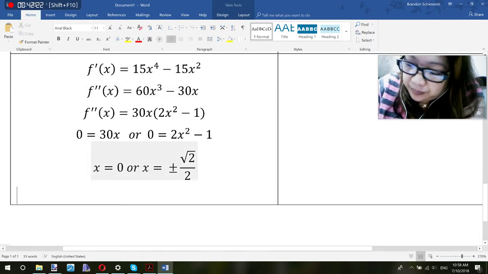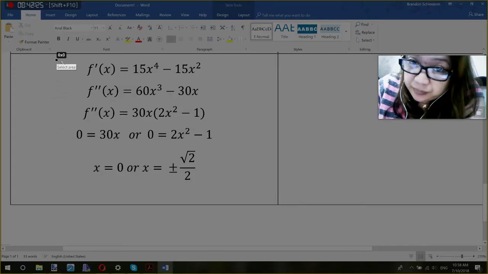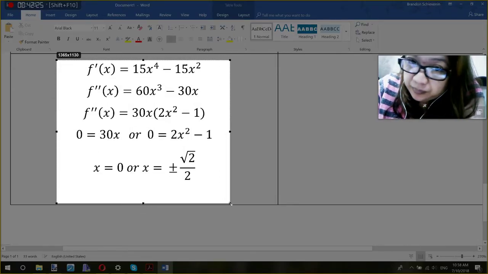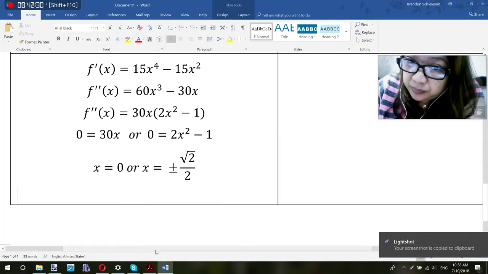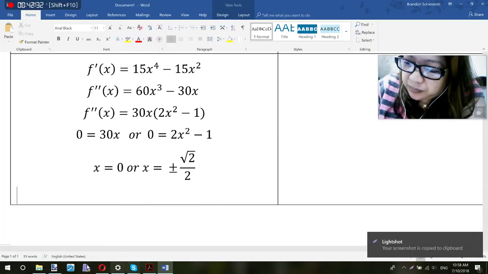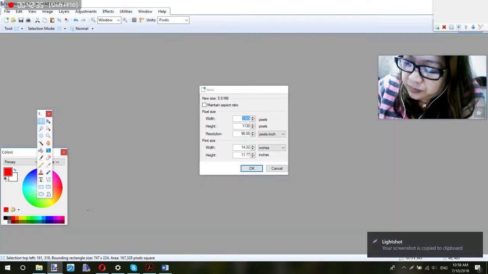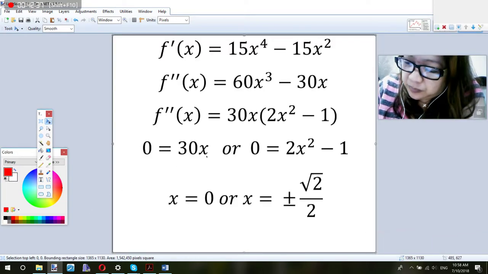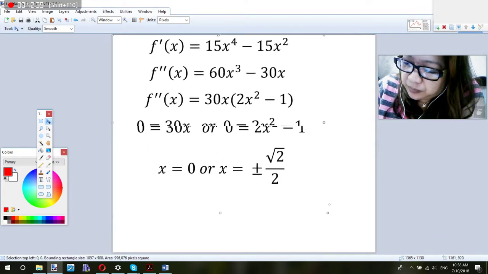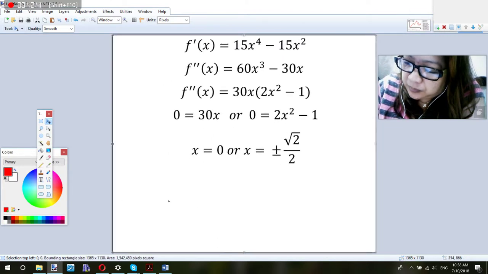And we're going to do the same thing that we did last time, only with our second derivative test. So copy this over, and we'll shrink it a bit to give us some room to work.